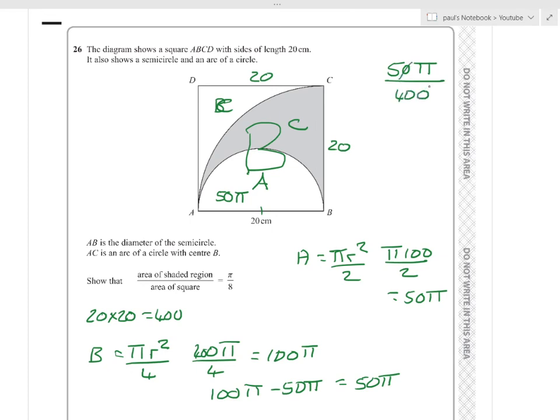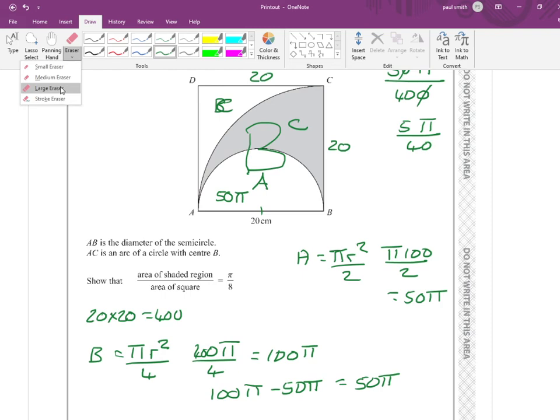So let's cross that and cross that out. So I've got 5 pi divided by 40. Then you get 5. If it was the other way around, yeah, it has to be the other way around to get that. Let me do all that again. Let me do that again, people.